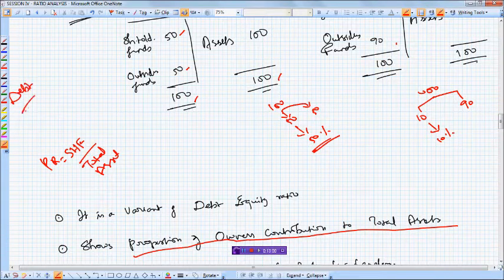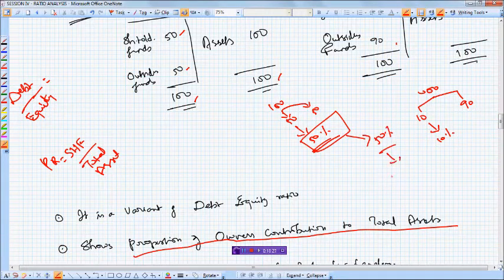In the debt equity ratio, we took debt divided by equity, that is, we were seeing the number of times you have debt for a given level of equity. But here we are seeing, out of total assets, what is the contribution of the owner and what is the contribution of outsiders. So if 50% is the contribution of the owner, then obviously 50% is the contribution made by outsiders.